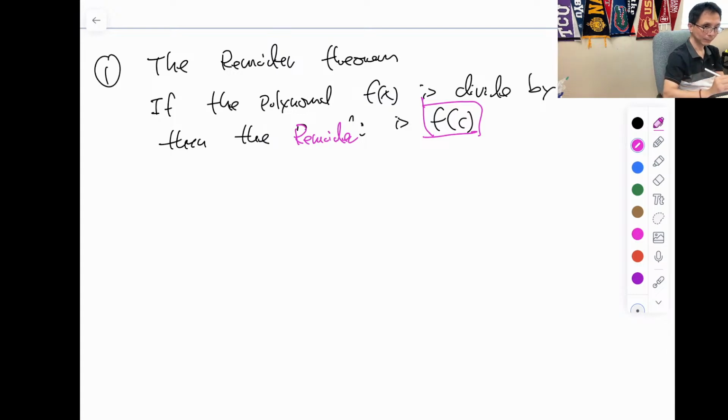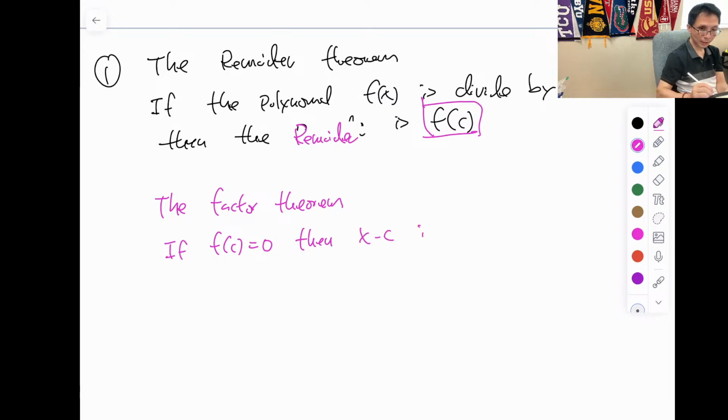But the factor theorem says, if f of c is equal to 0, then x minus c is a factor of f of x.